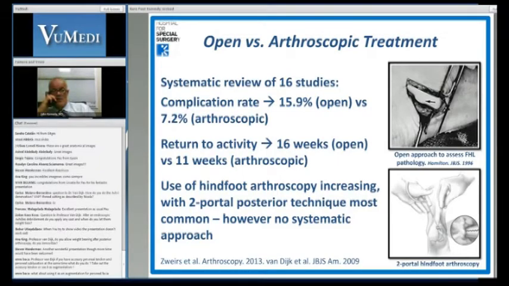We found that the open were far greater than the arthroscopic complications, in fact, twice as much. More importantly, the return to activity for sporting people is just 11 weeks on average versus 16 in an open procedure. So I think this is an exciting area, and I also think it's practical in terms of patient satisfaction and cost containment.